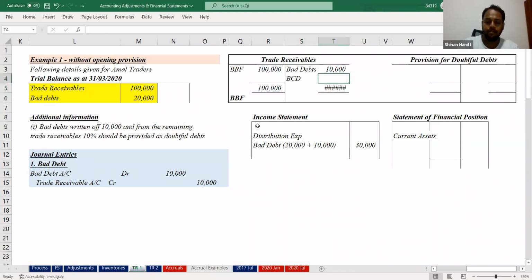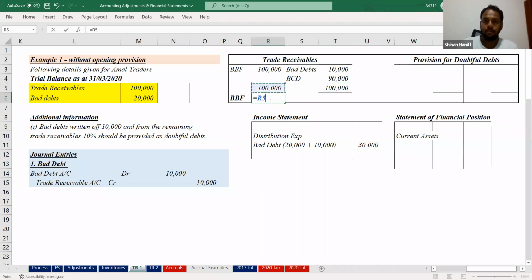Remaining debtor balance is 90,000. Balance brought forward 90,000.